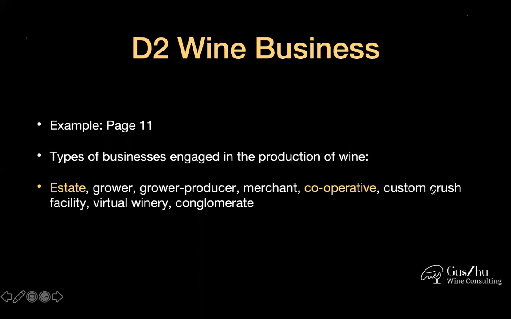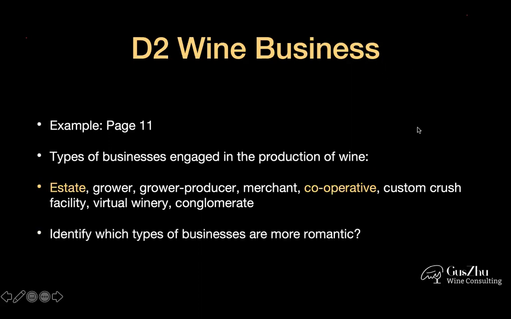Don't worry. Okay, so for the wine business unit, there are different types of business, and we have estate, grower, and all that, okay? The purpose of studying Diploma is not to learn about all these things just by reciting, oh, what is an estate, okay? Define this or memorizing this. It's not only about that, okay?